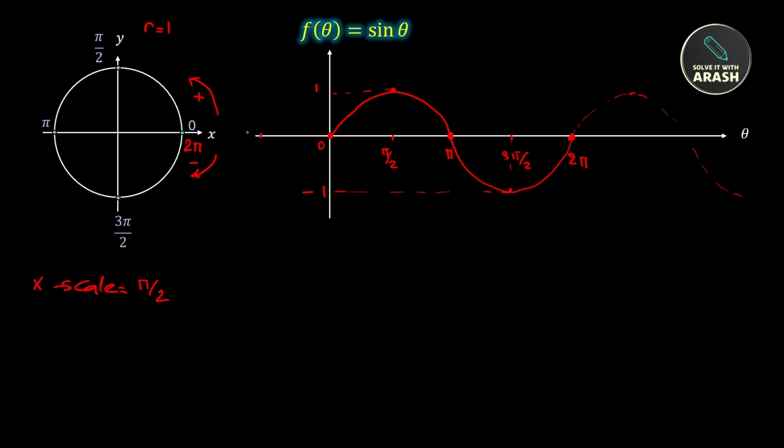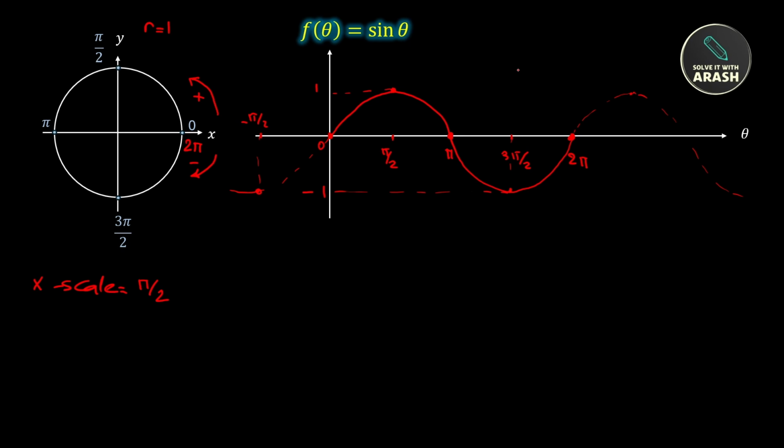So at negative pi over 2, sine is negative 1. And then you can see that it's going to continue the same pattern on the negative side. So this cycle that I showed with the solid red keeps repeating.